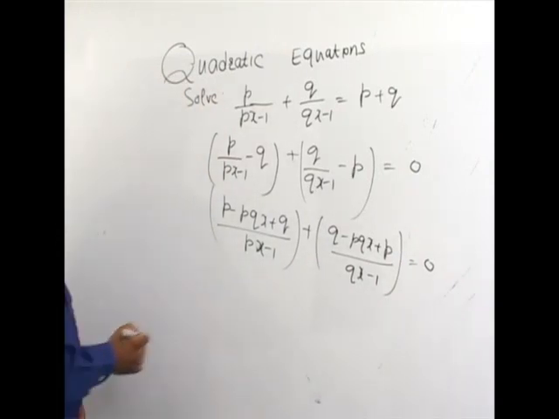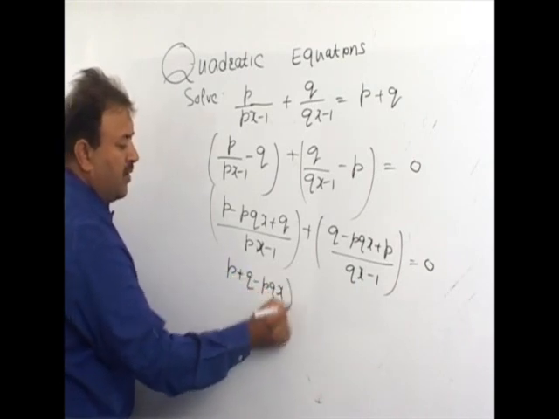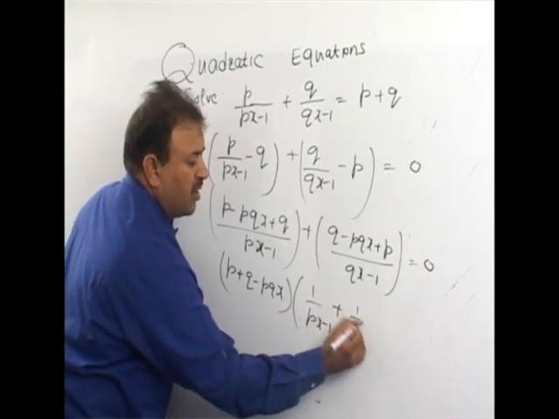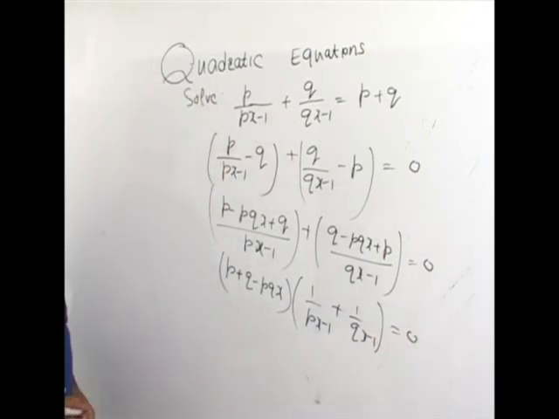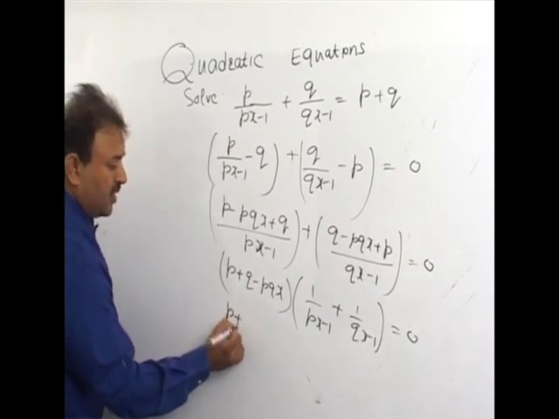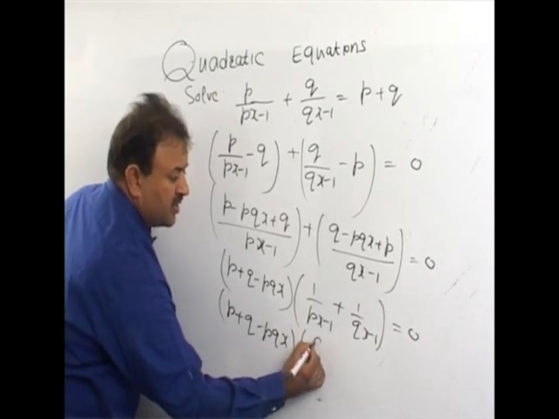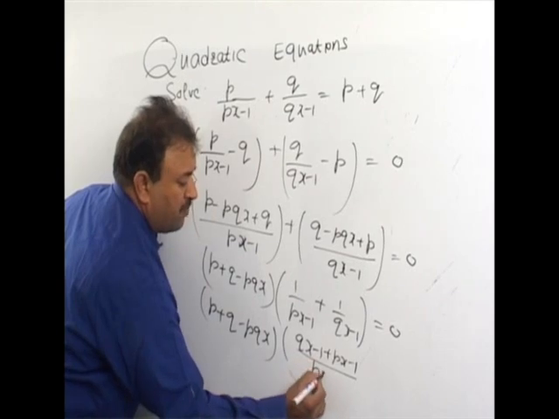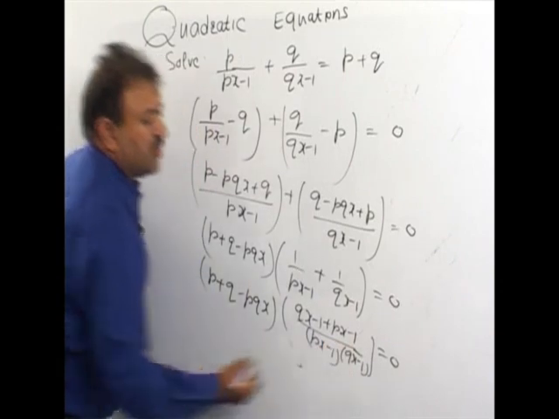We take common p plus q minus pqx. We are left with 1 upon px minus 1 plus 1 upon qx minus 1 is equal to 0. Now it comes out to be p plus q minus pqx into qx minus 1 plus px minus 1 upon px minus 1 into qx minus 1 is equal to 0.